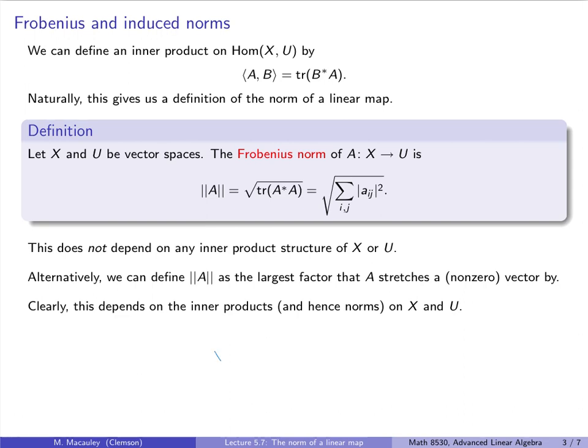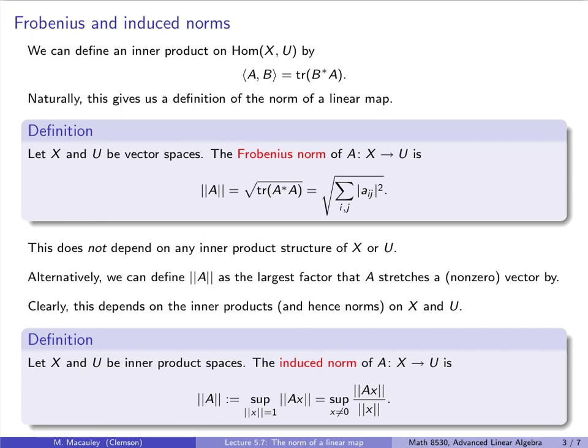In other words, we are mapping a vector little x to a vector, let's say Ax, let's call this u, so that this is in big X, this is in big U, and what we're doing is we are measuring the ratio of the length of Ax divided by the length of x, where the first one is the norm in U, and the second one is the norm in X. And so as we change the inner product structure on X and U, that's going to change this ratio and potentially change this definition.